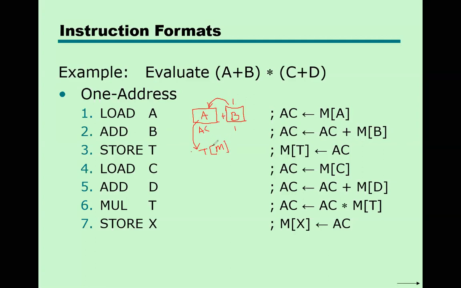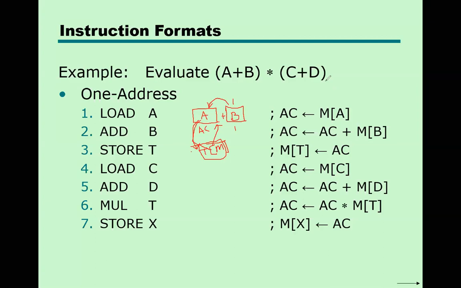And after that, immediately we will move this result into the accumulator. So accumulator plus MB and the result will be stored into the accumulator. So now the accumulator is holding A plus B, and then we are moving this accumulator result into the temporary location TM. So A plus B is loaded into TM, a memory location at T.